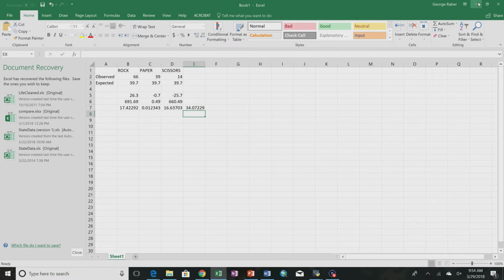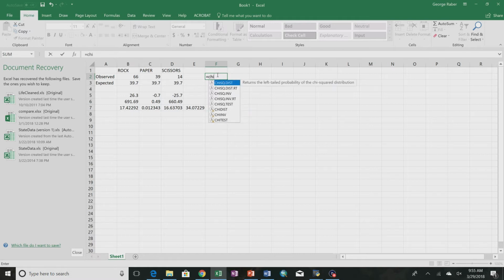Alternatively, Excel will calculate the exact p-value for you. We've got the tables and can look up that number, but Excel will allow you to run the chi-square test. It's really simple. We don't have to use data analysis. We just type equals and then chi-square dot test.